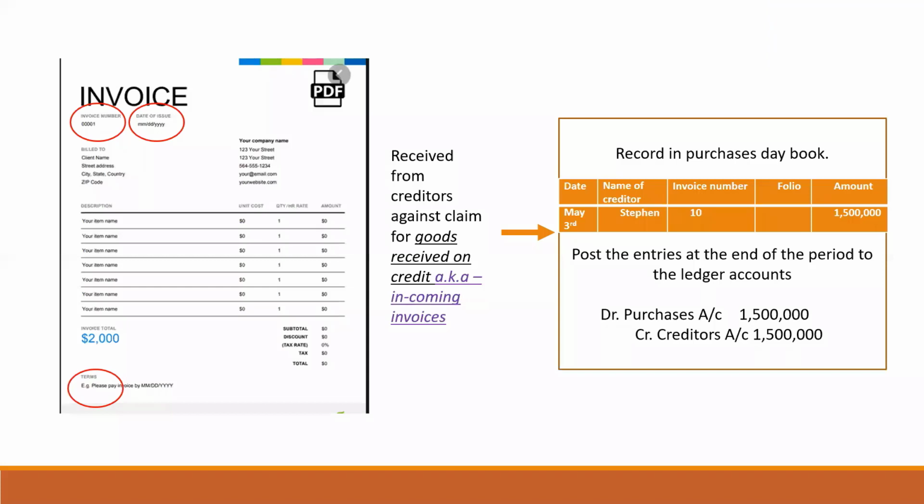This is not your document. You have received it as a source document to show evidence that you bought goods on credit, and you have not made it yourself. Somebody has given it to you, as your creditors. So you're not the one filling in the invoice. The invoice is a document where you get information that you're going to fill in the purchases day book.